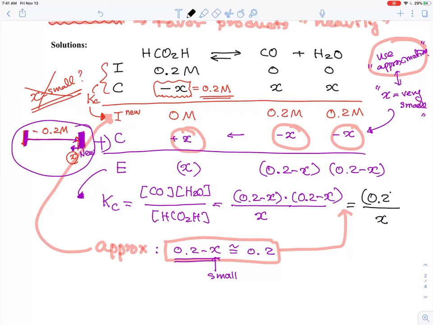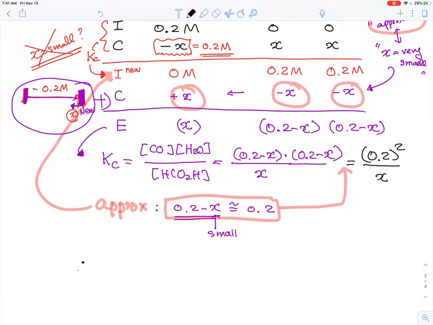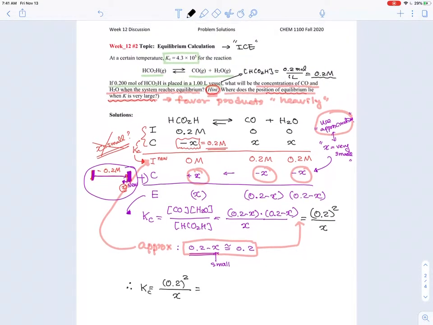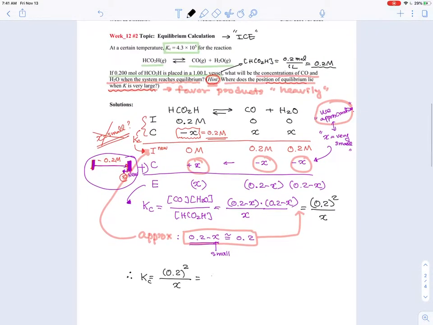Okay, so now I'm going to use this approximation to get the simple equation, which is x times 0.2 squared. What seemed originally to be a complicated equation now has 0.2 minus x being the same as 0.2. So 0.2 squared over x is what? What was our Kc value? We can go up there and look at it. Yeah, that's 4.3 times 10 to the minus 5.